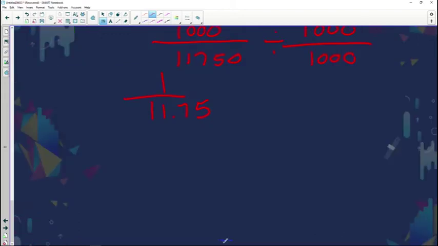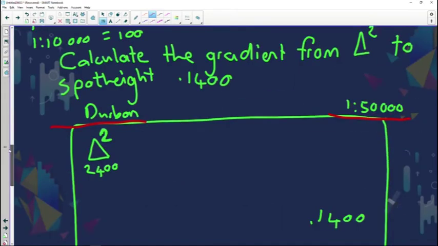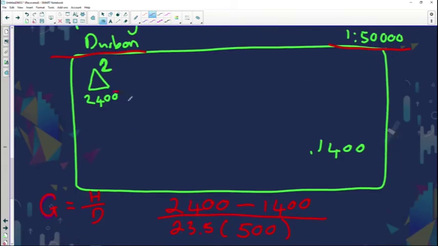So basically, when we walk from this point to that point, for every 11.75 meters we walk, the gradient increases by 1 meter.